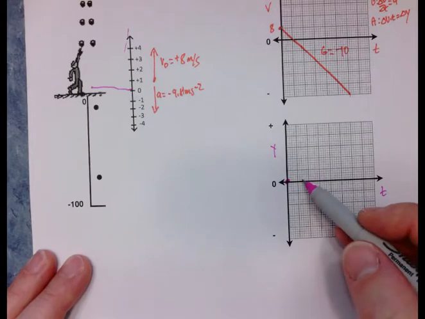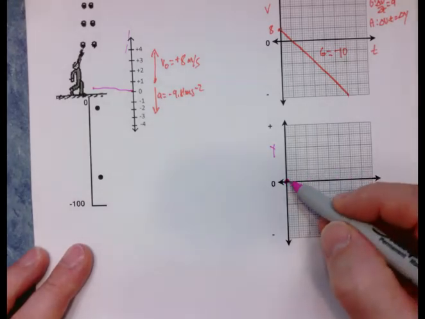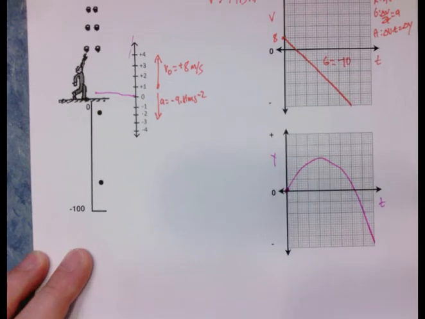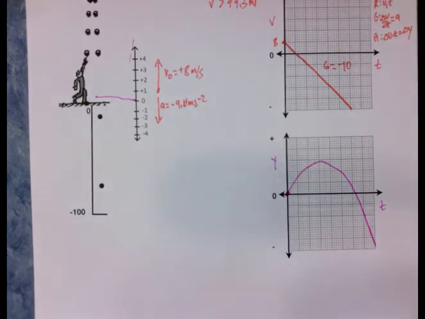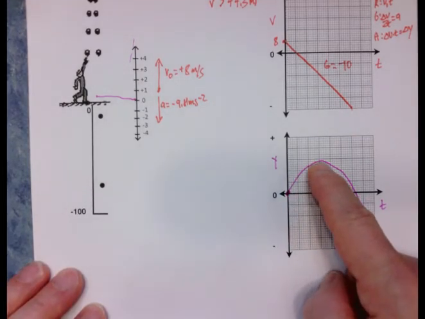So we are going to have another downward cupped parabola. But it's going to go into positive territory, and this here represents the peak.